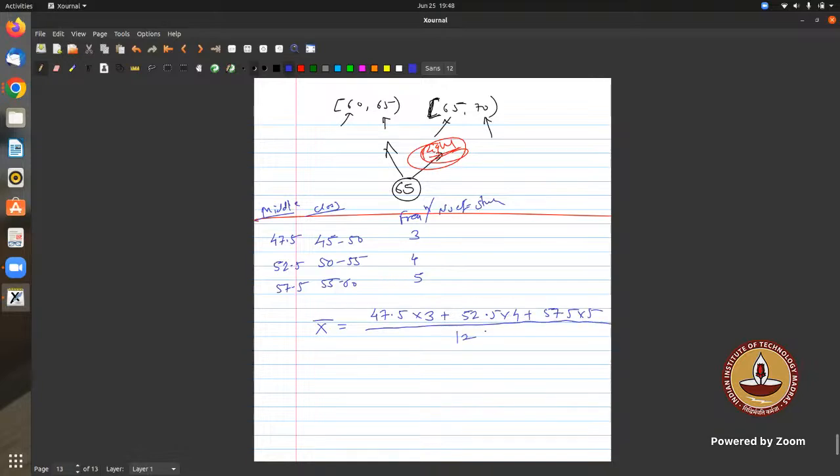Right? Sum of frequencies. So this is the same formula, summation of fi xi divided by summation of fi. The only difference here is instead of xi, because I do not know the xi, I will take the mid value of the class. Other things are the same.